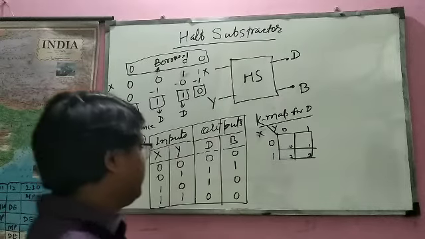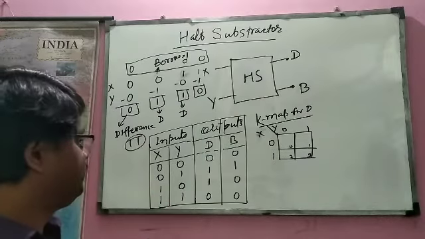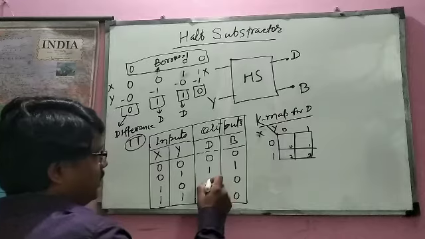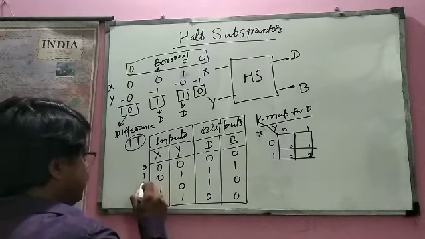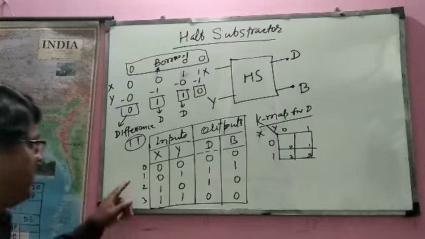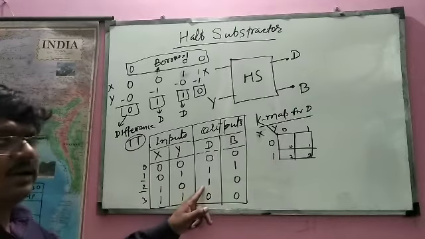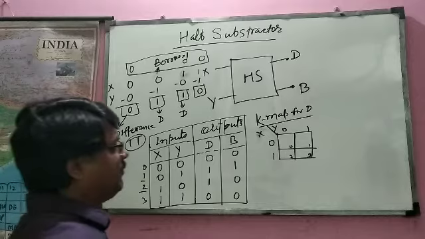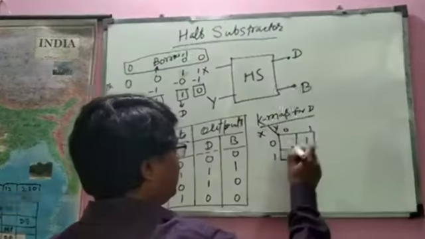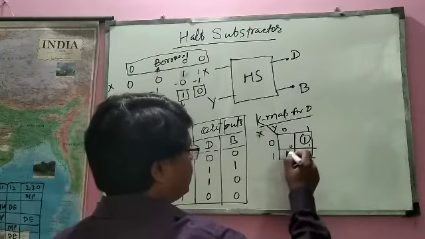At positions 1 and 2 there is a 1 in the difference, so 1 and 2 are high.